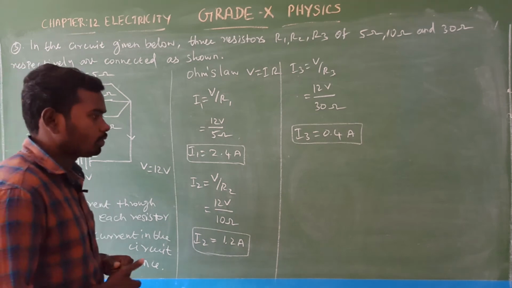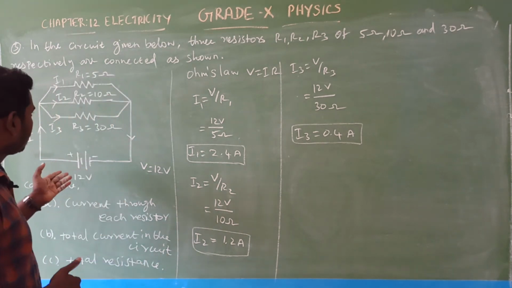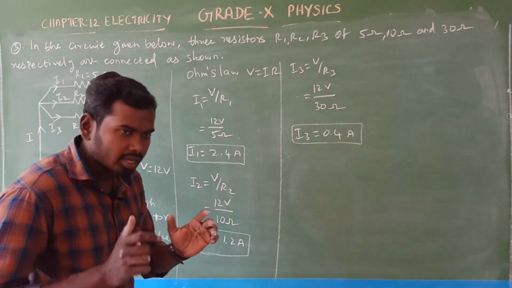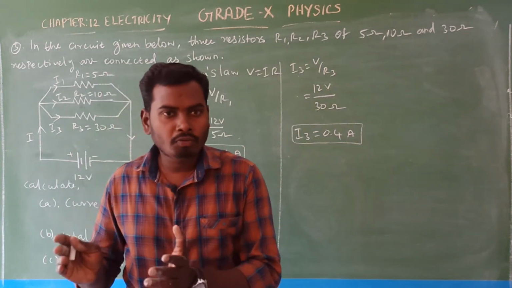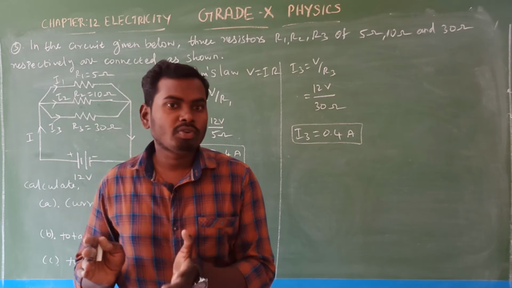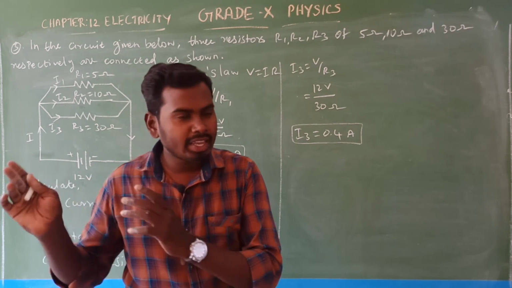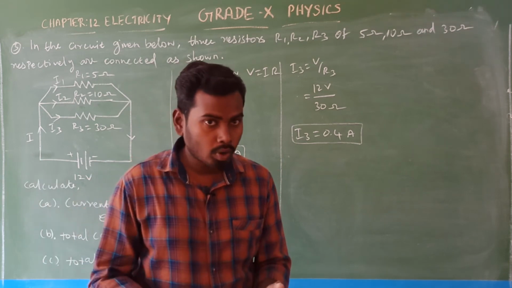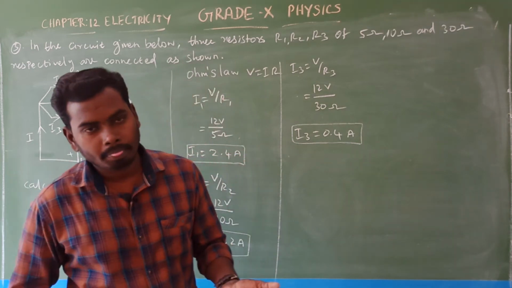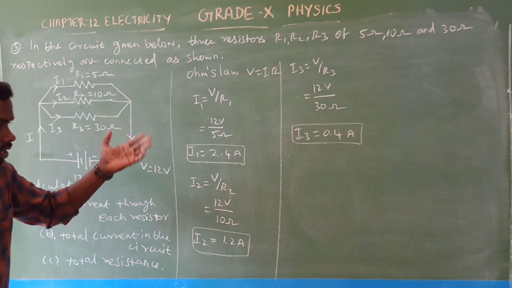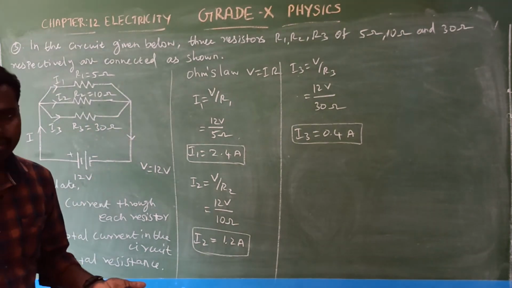So already we know that in a parallel combination the current gets distributed. So the sum of the individual currents flowing through each resistor is equal to the total current flowing through the circuit. Very easy one.